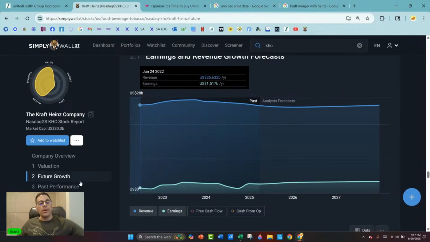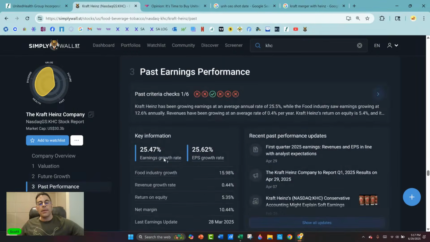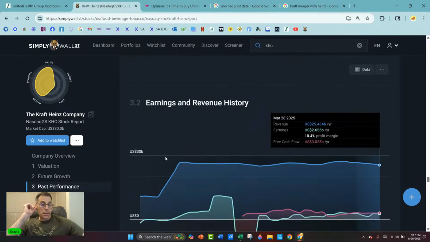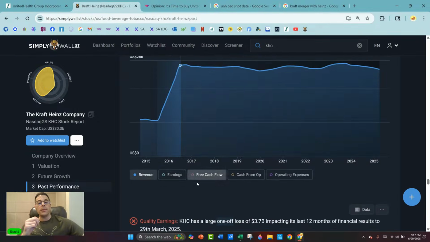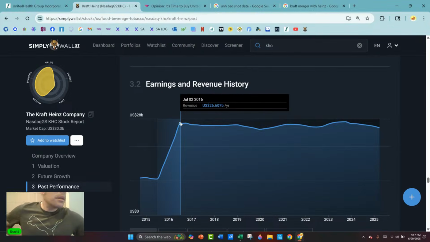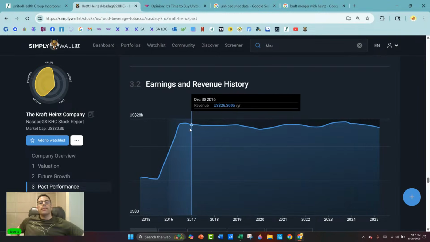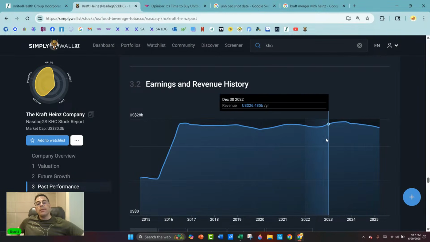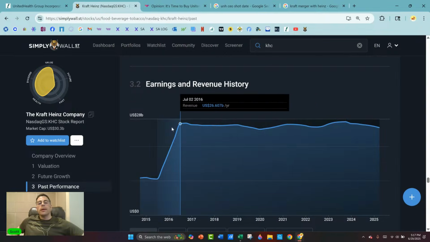So it doesn't look like they're doing that great. Here's the revenue. It hasn't grown since 2016. And when you think of inflation in 2021 and 2022, it was like 7-8%. So you would expect it to at least grow with inflation. So it hasn't grown at all.